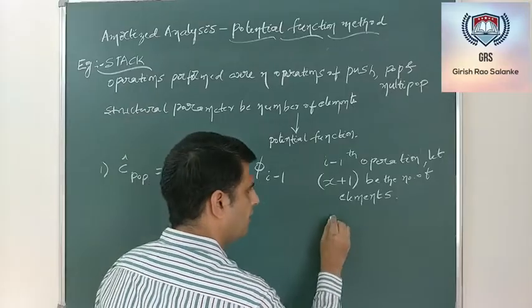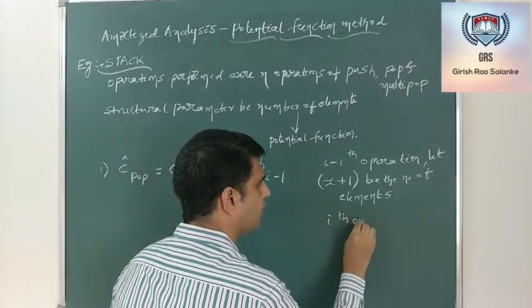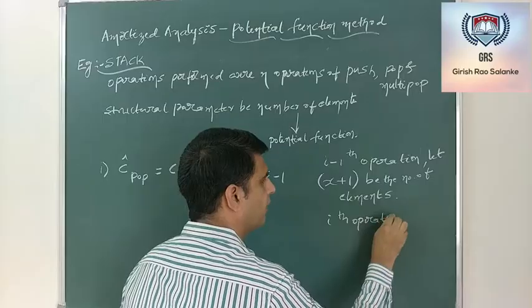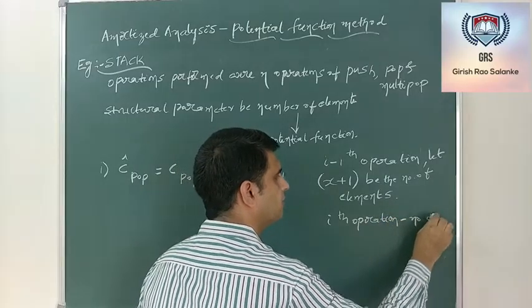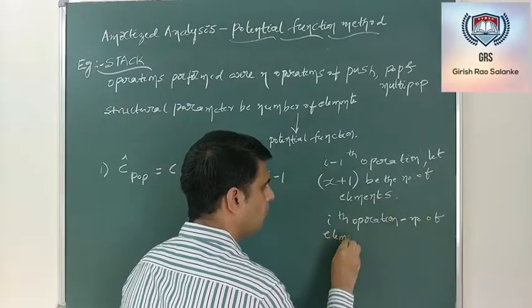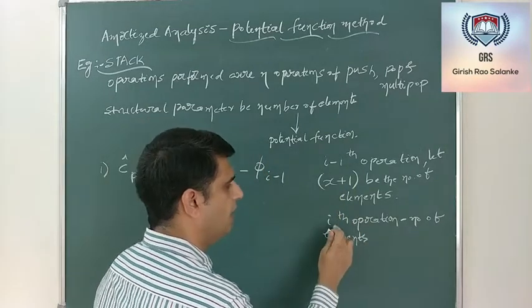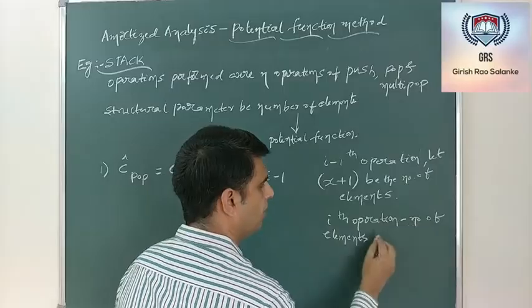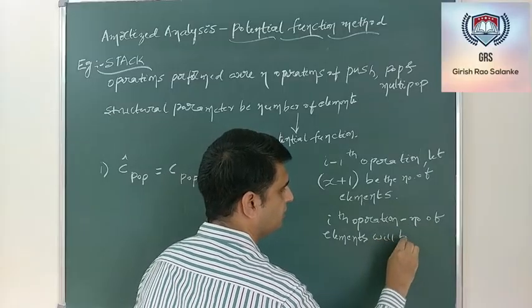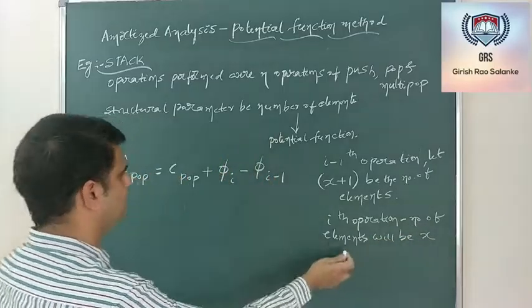Now, after the ith operation, the number of elements will be 1 less than after the i minus 1th operation, that is x.